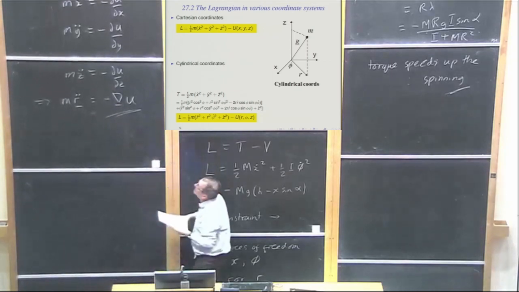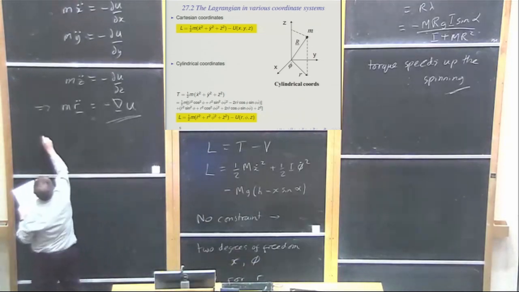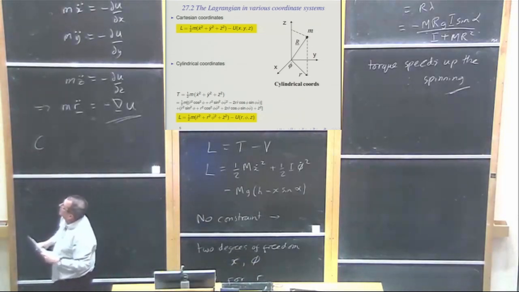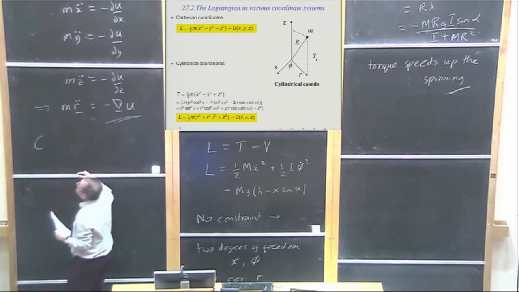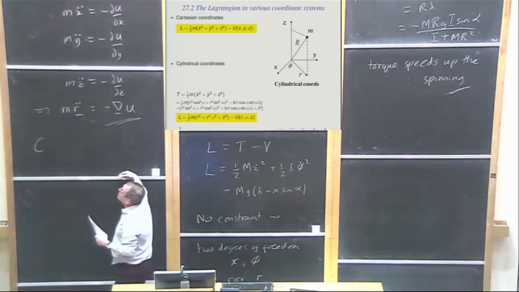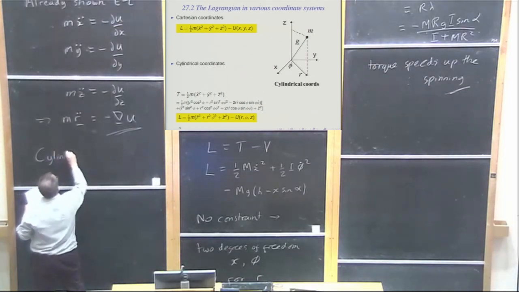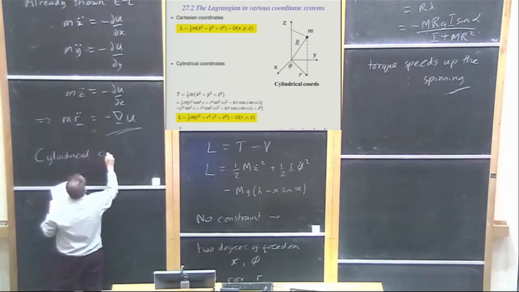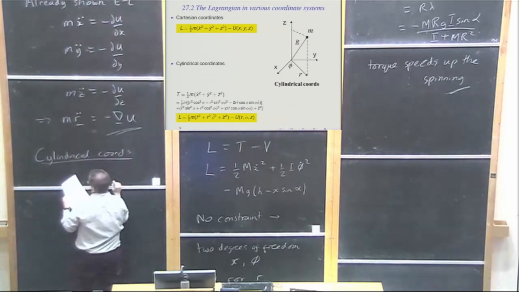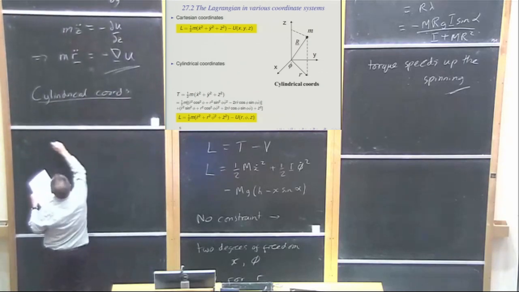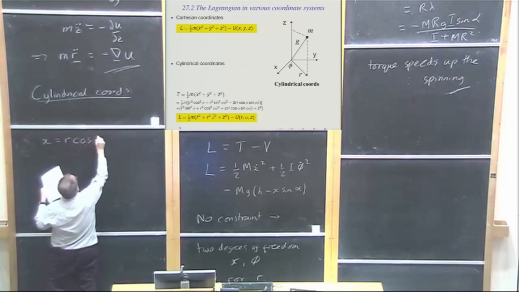All right, so that is fine. Let's look at the case, though, where we are now working in cylindrical coordinates. I would very much hope by now in your maths you've covered a variety of possible three-dimensional coordinate systems, so I hope I can just write this down. In cylindrical coordinates, x is given by r cosine phi.